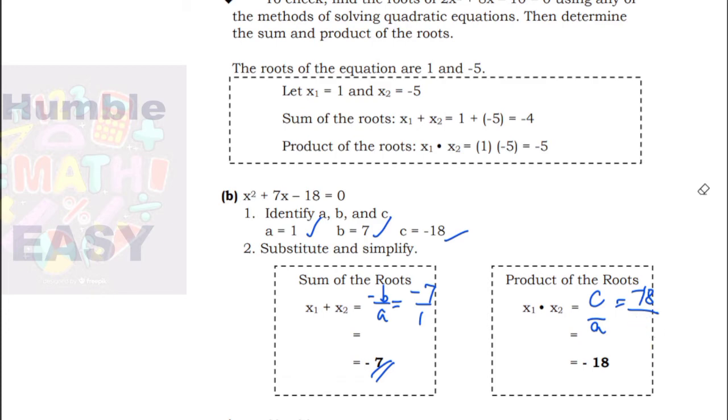I stand corrected. Thank you. So this must be 1. So negative 18 divided by 1 is negative 18. This is how we cater with the problem A and B.